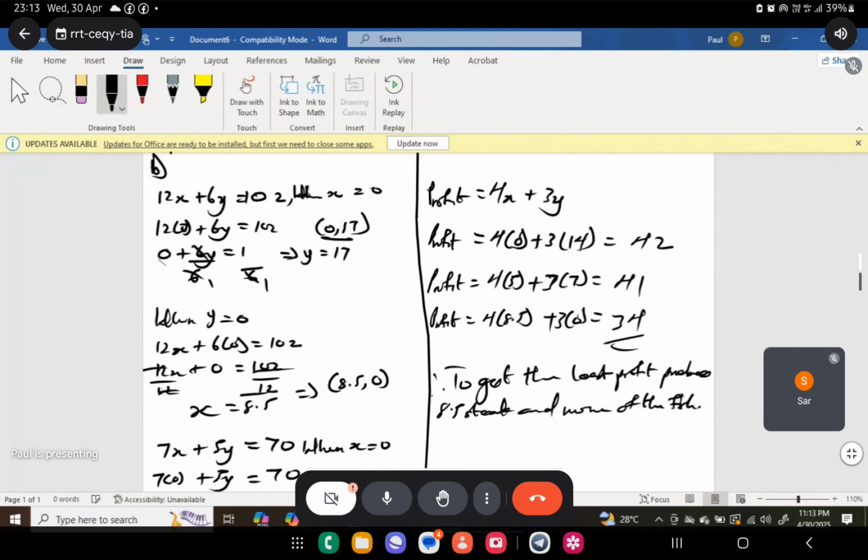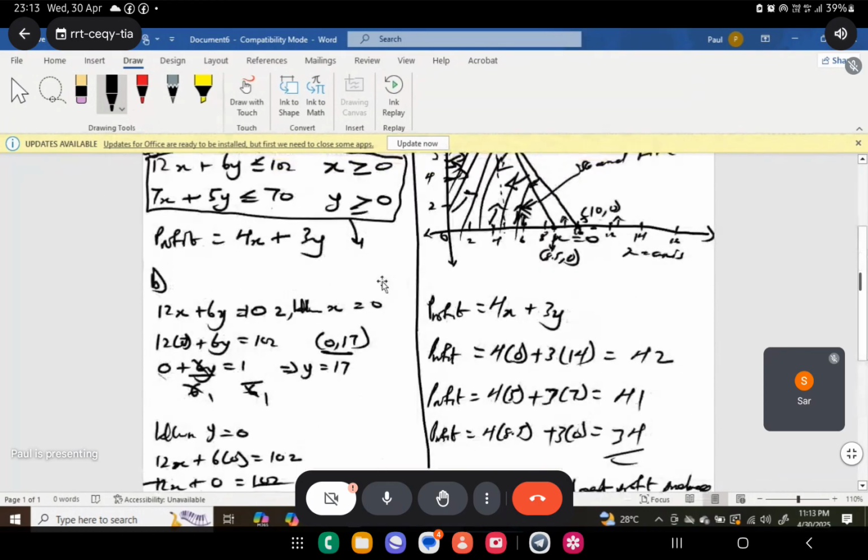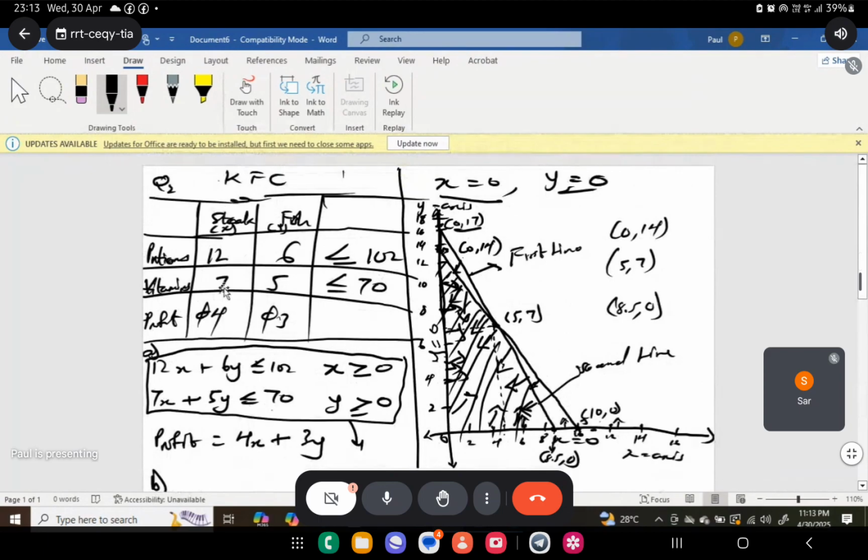So they shouldn't produce any of the fish, but produce 8.5 of the steak. Or it shouldn't contain any of the fish, but should contain 8.5 of the steak.